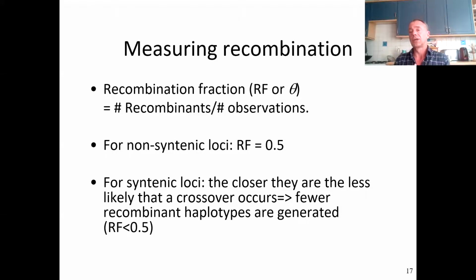So if you have two loci that are just on different chromosomes, which is what non-syntenic means, then it'll be 50-50 whether you get a recombination or not. So we say the recombination fraction is 0.5. If they're together on the same chromosome, if they're syntenic, then the closer they are, the less likely it will cross over, and then we will see a recombination happening less than half the time, and the recombination fraction will be less than 0.5.